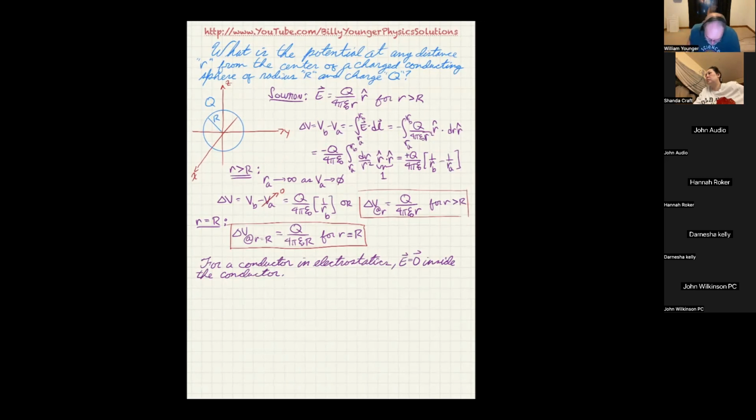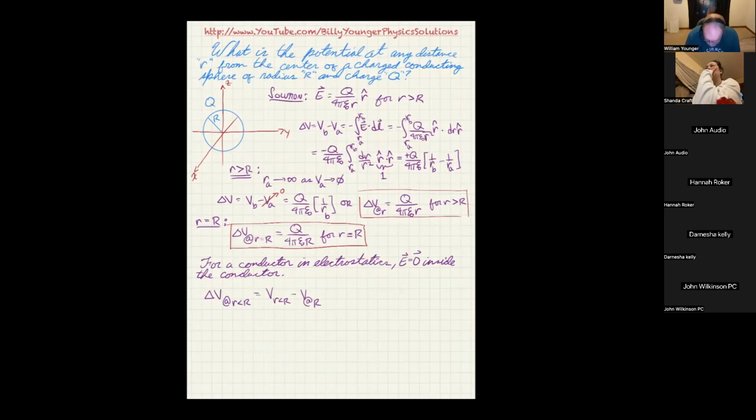So with this in mind, we can now say delta V at r less than R is equal to V at r less than R minus V at R. Okay, so we can say that.